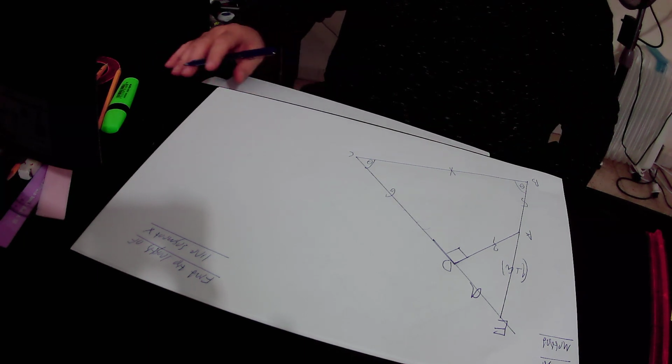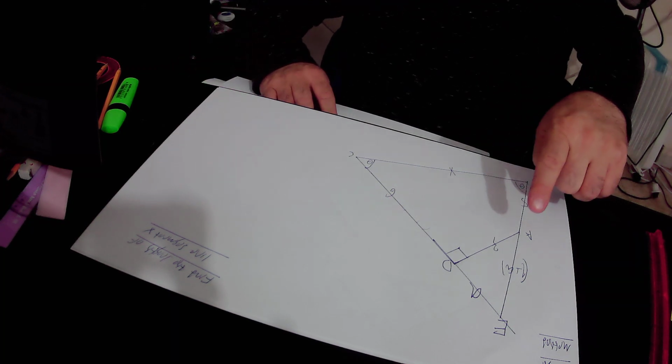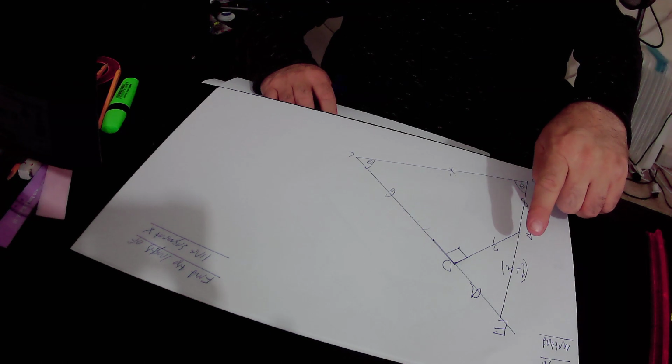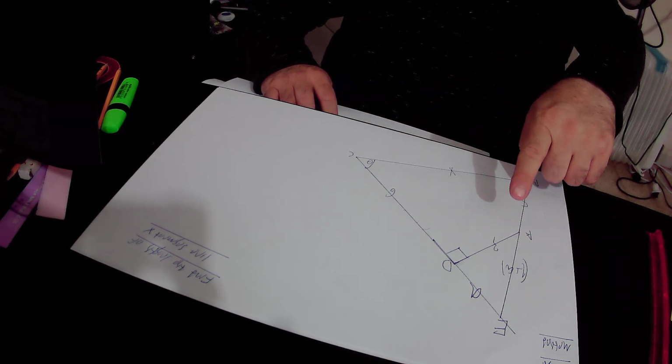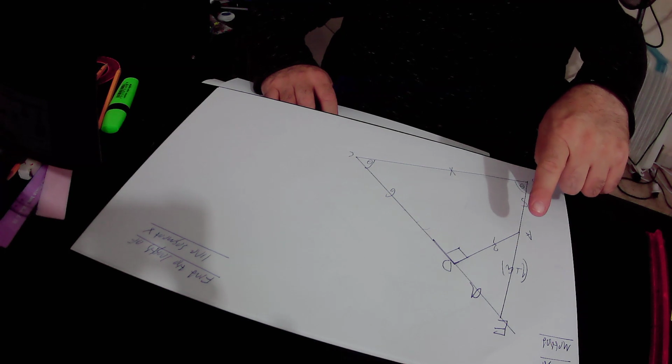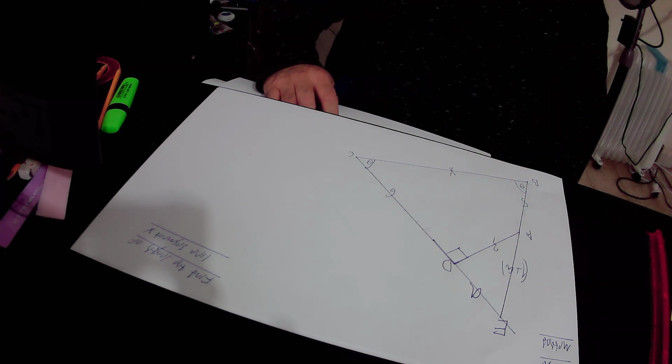Here we have EC. Line segment EC is one side of triangle EBC, therefore it is absolutely a straight line.